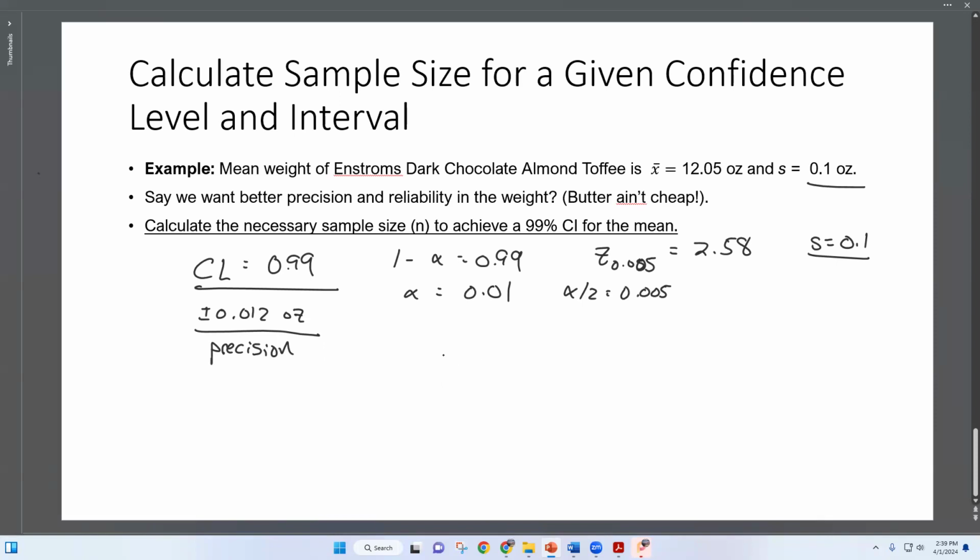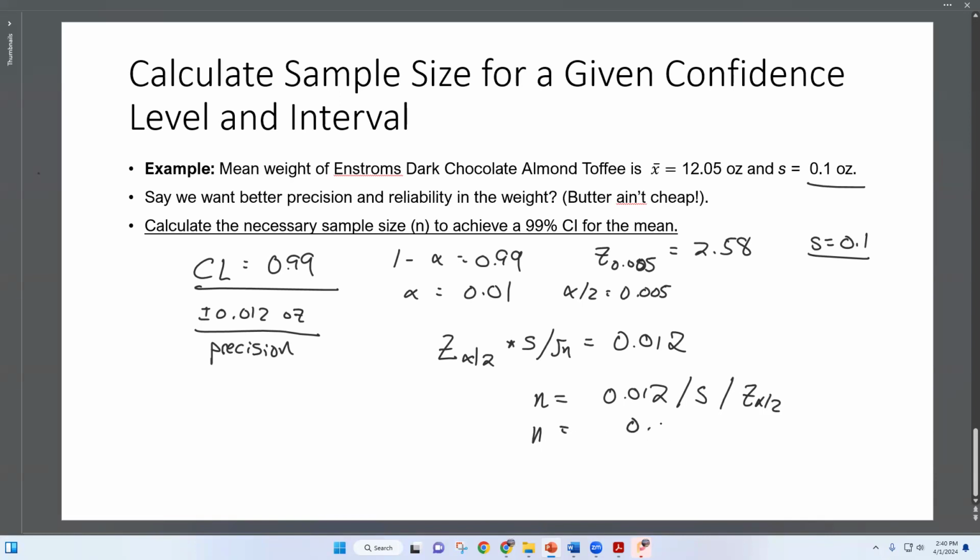So now what we're going to say is our z alpha over 2 times s over square root of n should equal this prescribed precision that we want of 0.012. So now we just need to rearrange and solve for n. So n is going to be equal to 0.012 over s over z alpha over 2.